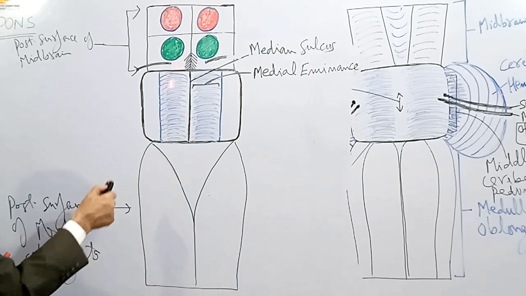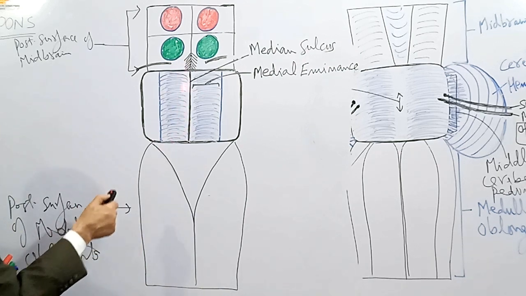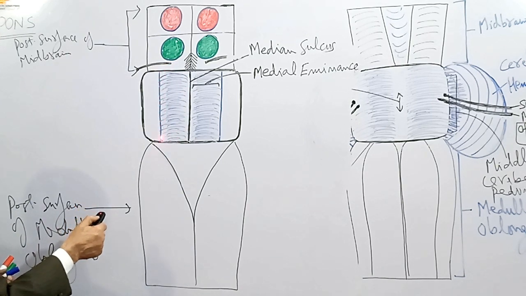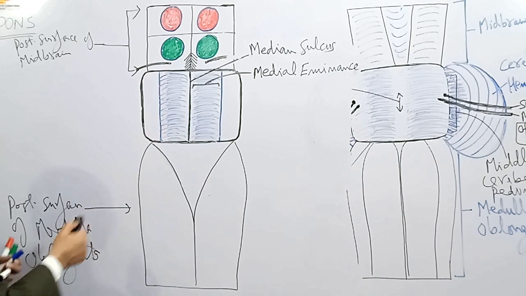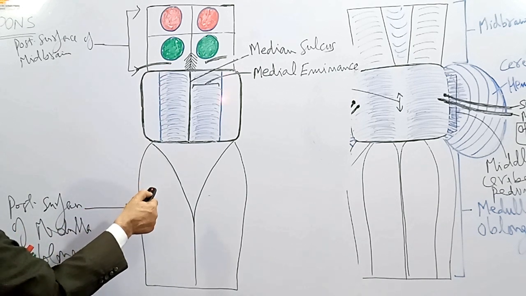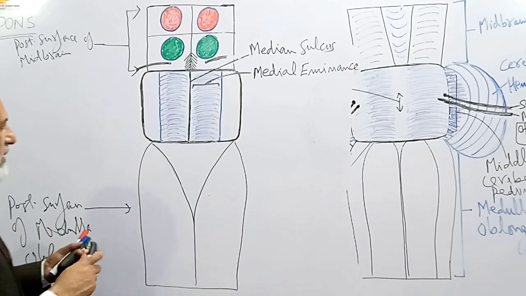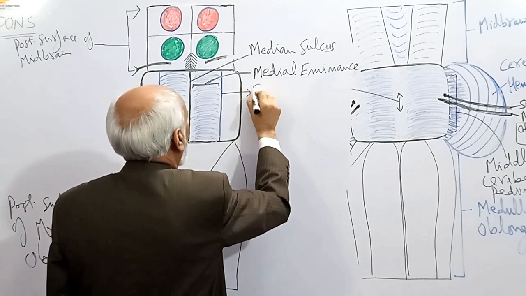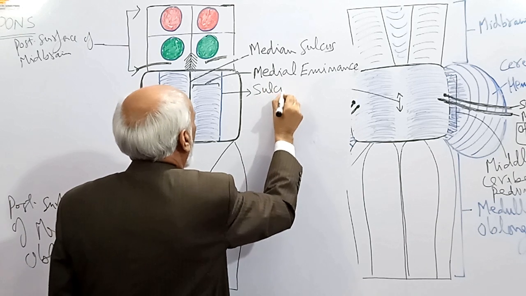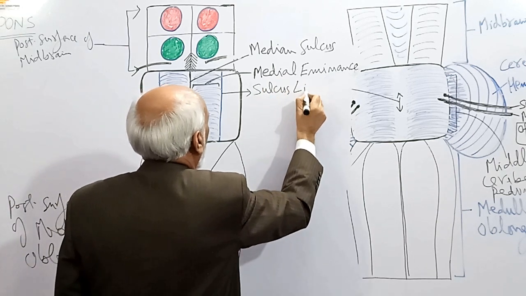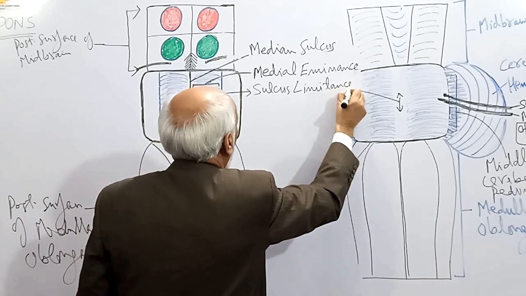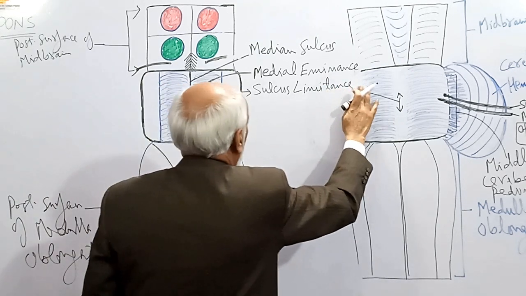Now this longitudinal ridge known as the medial eminence is laterally again bounded by a slight sulcus on each side. This one is known as the sulcus limitans.